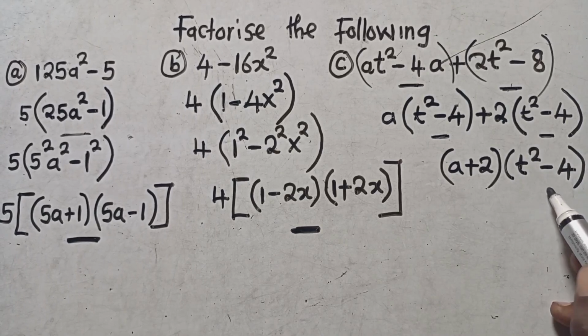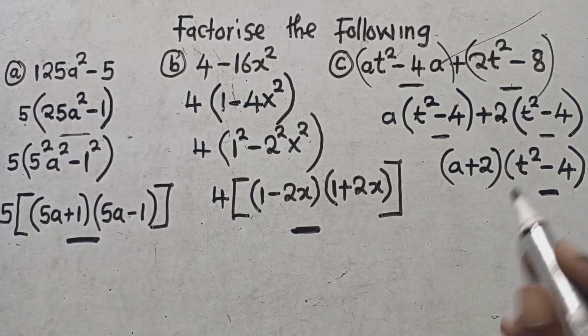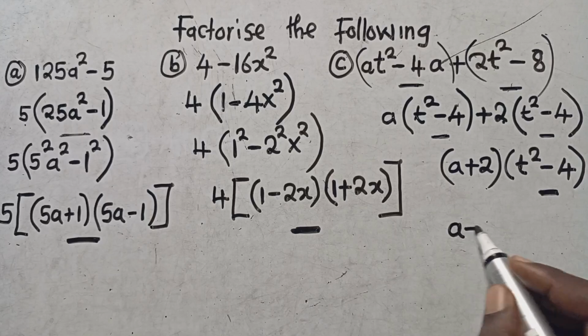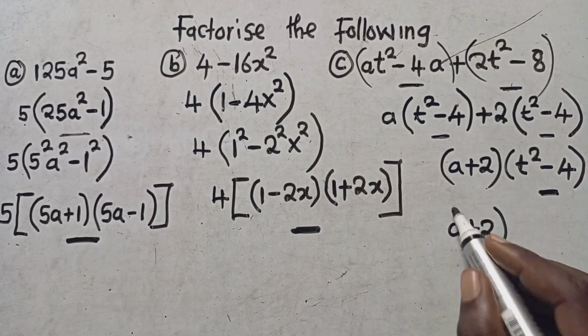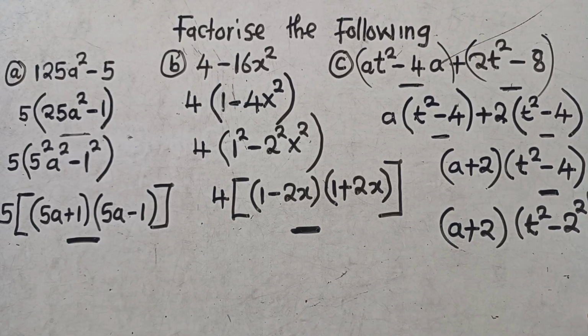But if you look at this, it is a difference of two squares, meaning that you can further factorize this one. That can also be written as a plus 2, then t squared minus the square root of 4, that is 2 squared. Difference of two squares.